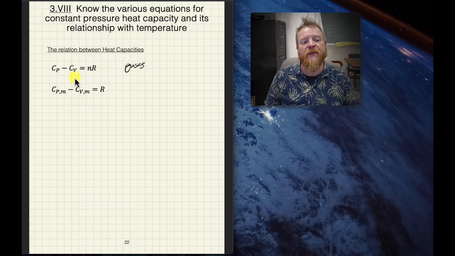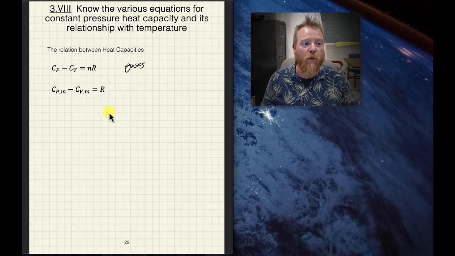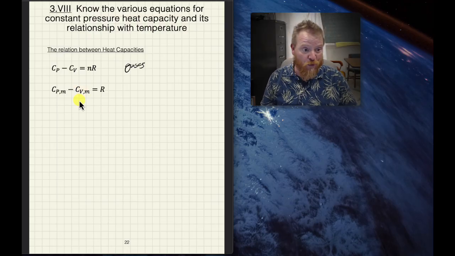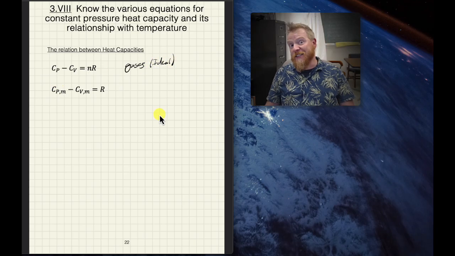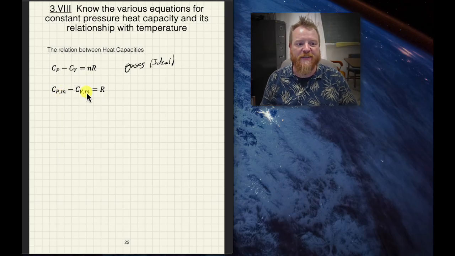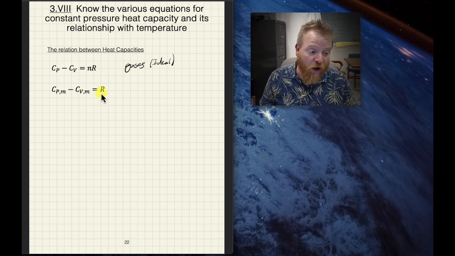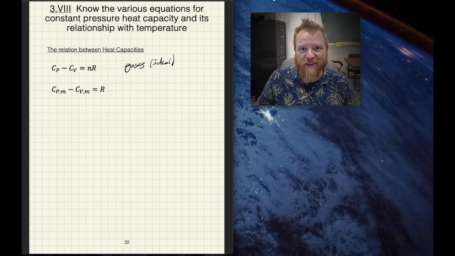So I want to leave this slide blank, and after we've gone down the rabbit hole a few more times, I'm going to come back to this and show how we can prove this relationship for, and I should note, for ideal gases. There is a notable difference between the constant pressure heat capacity and the constant volume heat capacity, and that's 1 unit of R. Okay, more on that in the coming slides. I'll see you then.